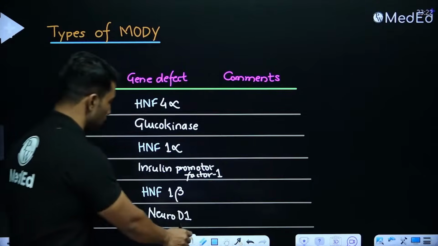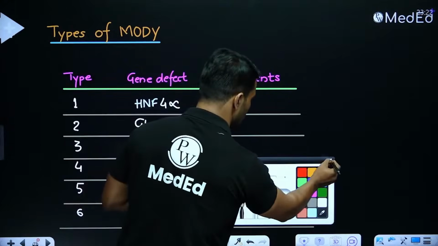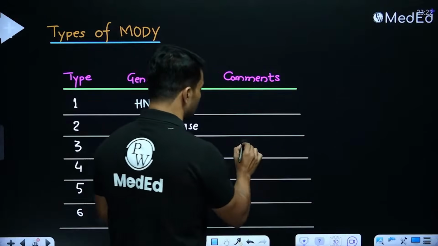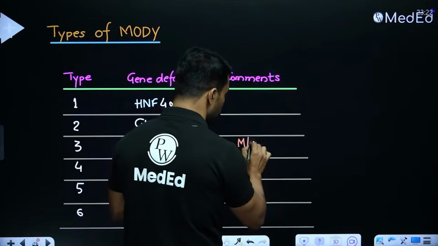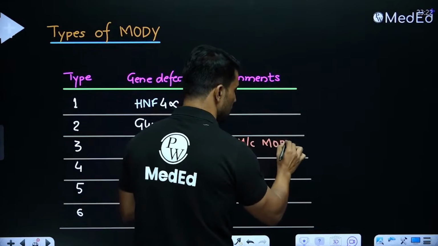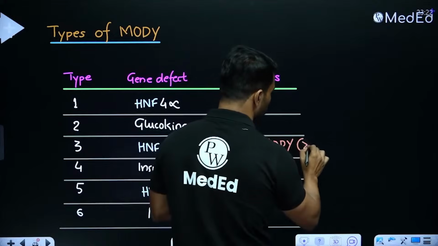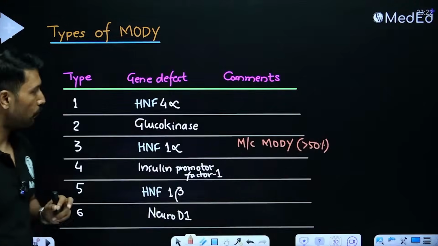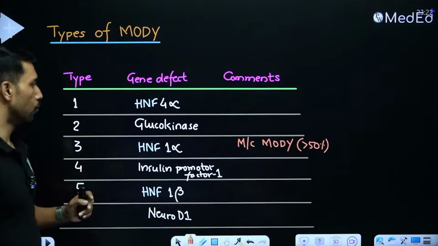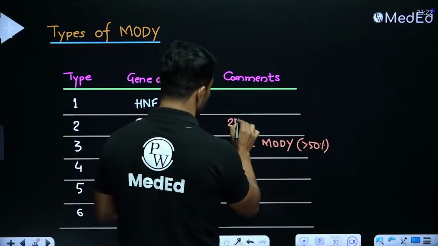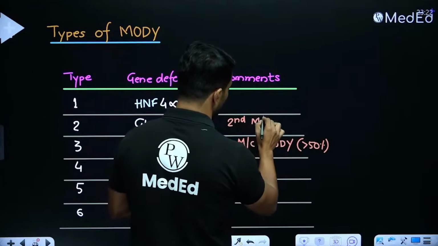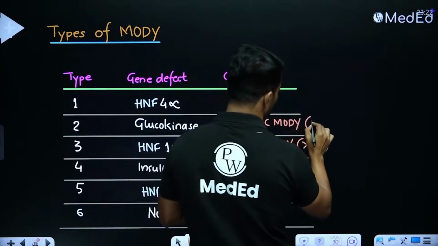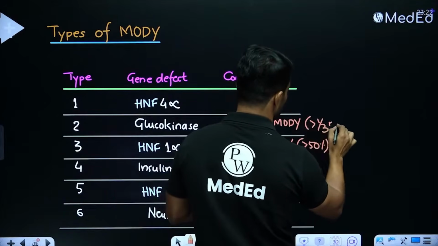The key point to note here is that they ask what is the most common MODY. The most common MODY is type 3. Type 3 is the most common maturity onset diabetes in young, accounting for more than 50% of all cases. And then MODY 2 is the second most common MODY, accounting for more than 1/3 of cases.